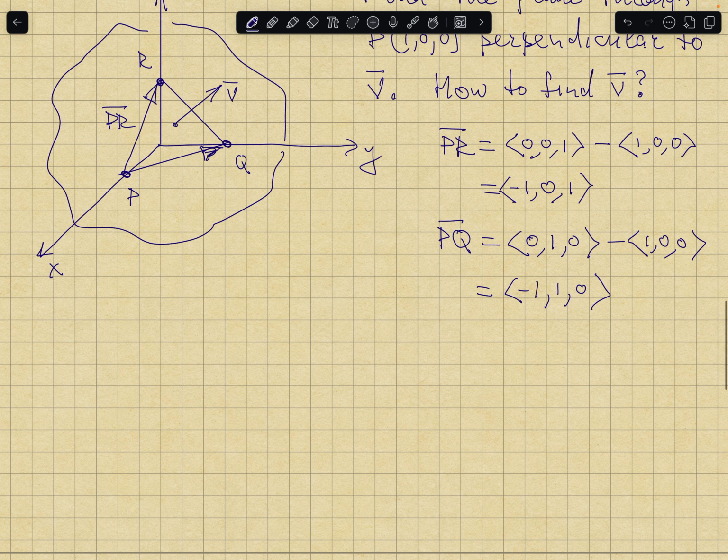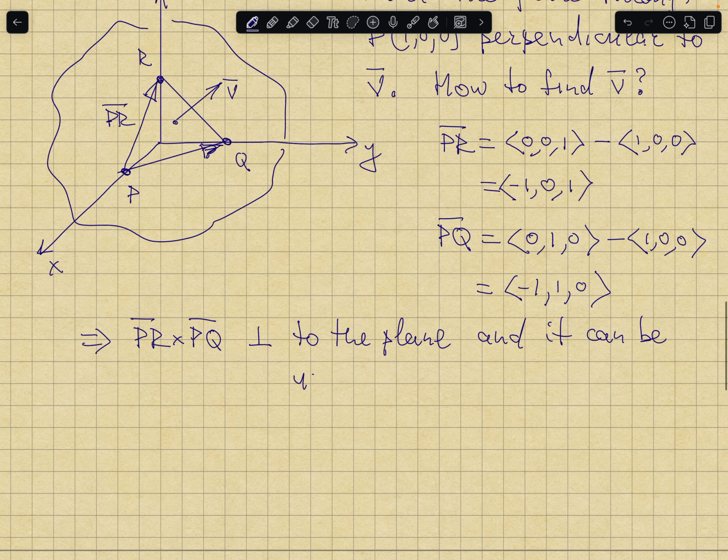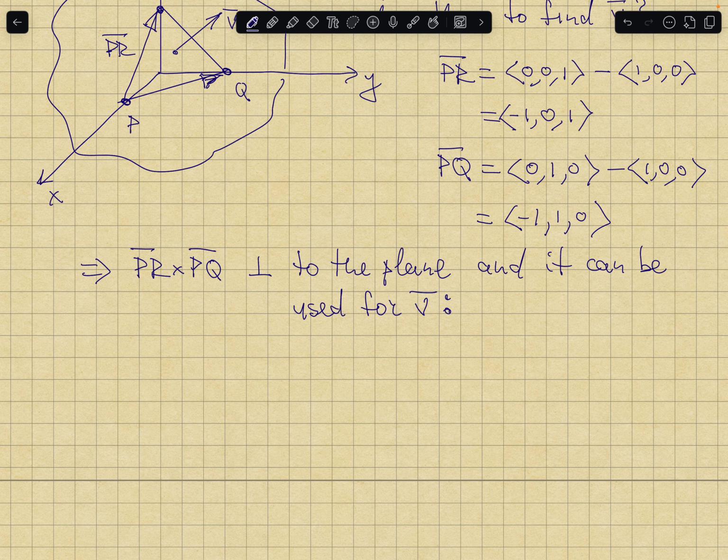So that means that if I take the cross product of PR and PQ, then this vector must be perpendicular to the plane, and therefore it can be used in place of V. So let's find what it is.